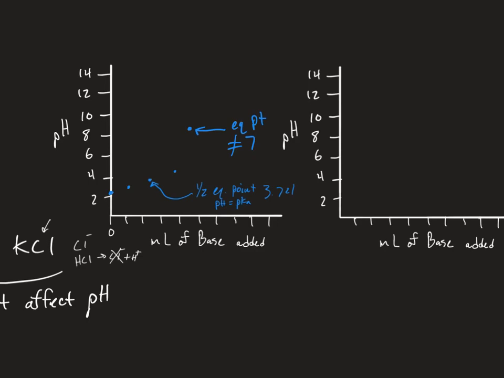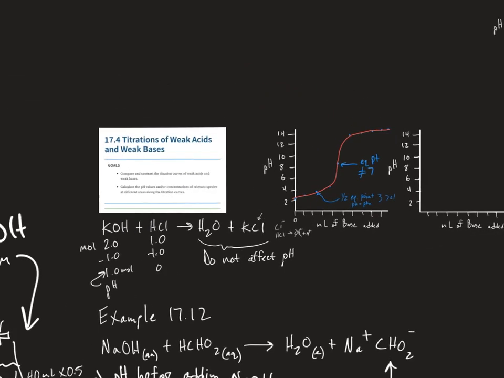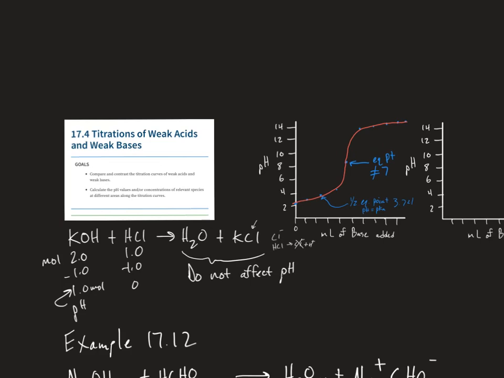And after that, when we went past the equivalence point, we have excess sodium hydroxide. So the pH is just determined by the strong base. And that is going to be the typical pH curve for a weak acid being titrated with a strong base.